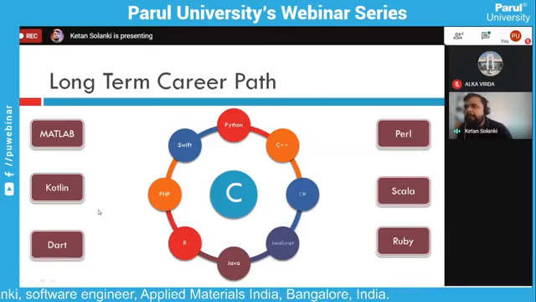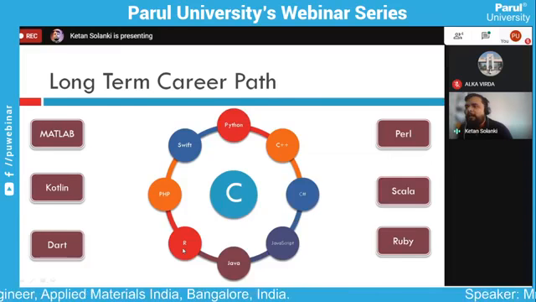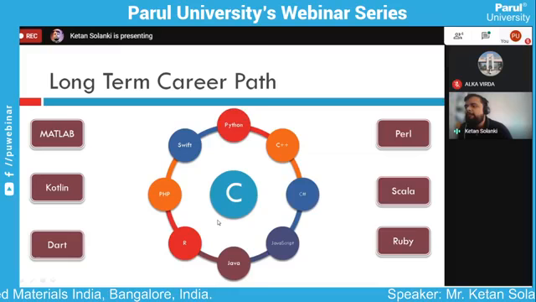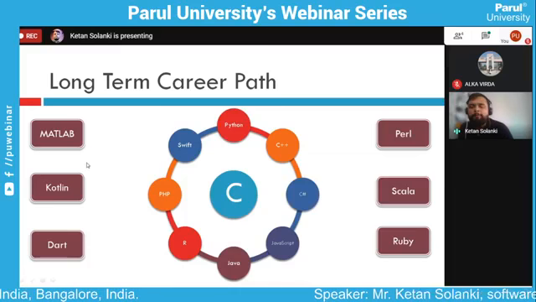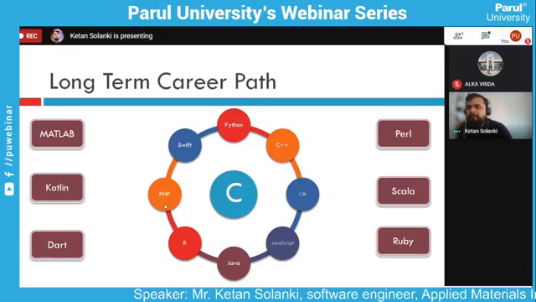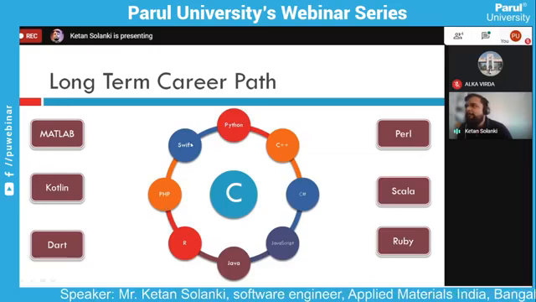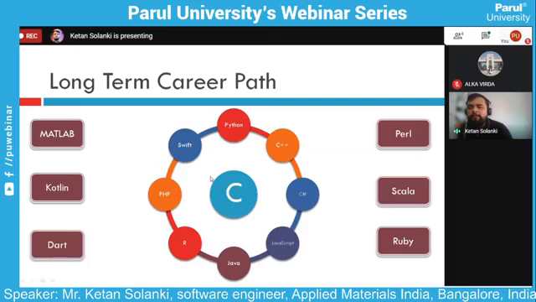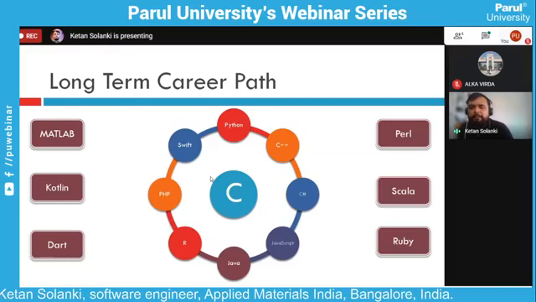In addition to that, we have R programming, PHP, Swift, and several other programming languages. PHP is specific to the web development era, and we have Swift to develop iOS applications as well as Android applications.